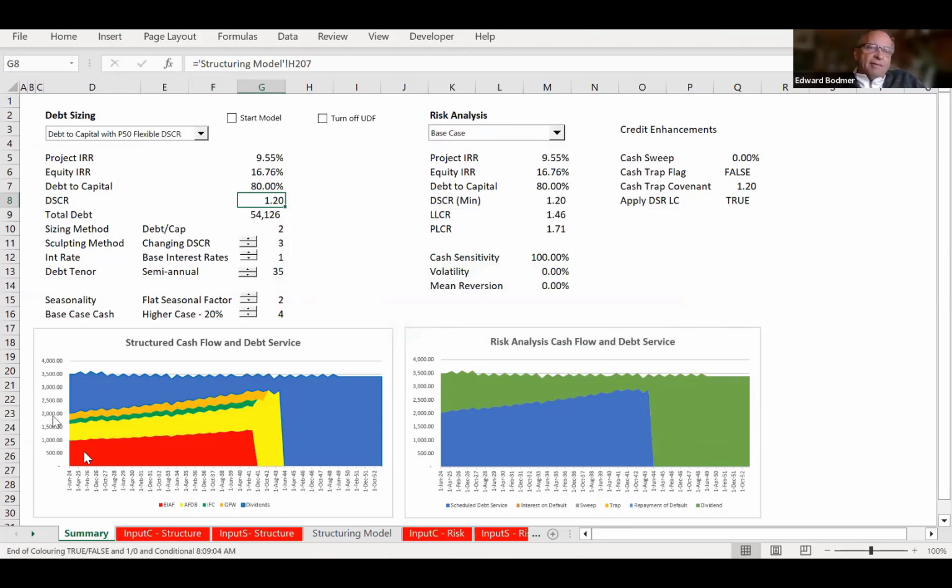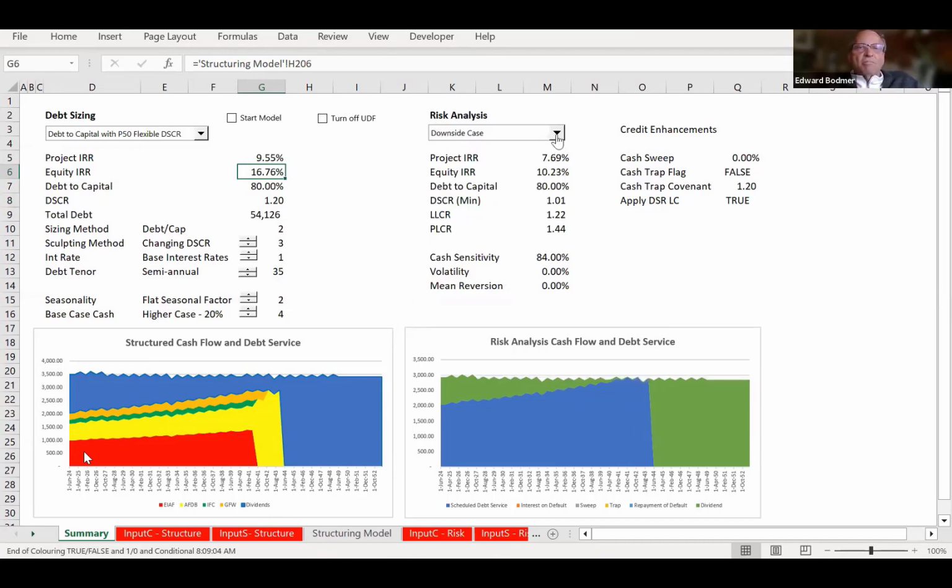And this time, the DSCR gets to be 1.2 up here, and the DSCR is higher here. And when the DSCR is higher here, that allows dividends, and that allows you to increase the IRR that you can see over here. But then you can say, oh, what happens in a downside case?